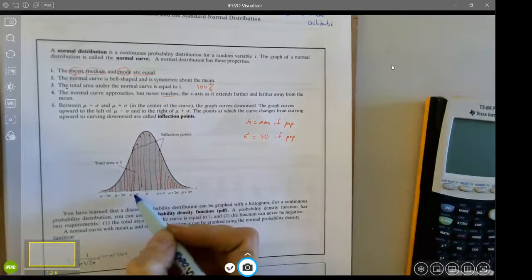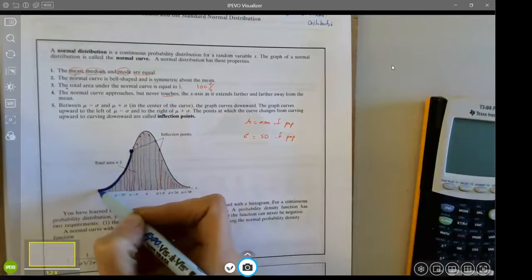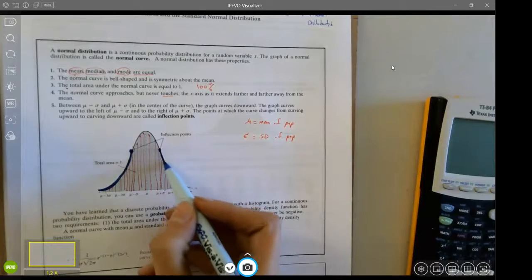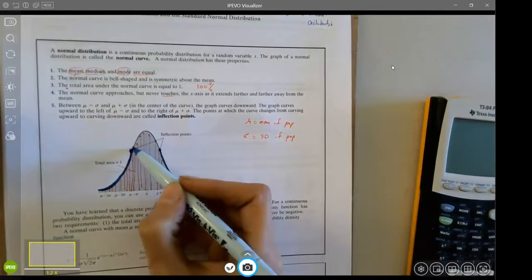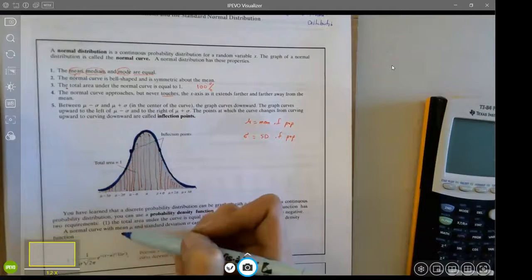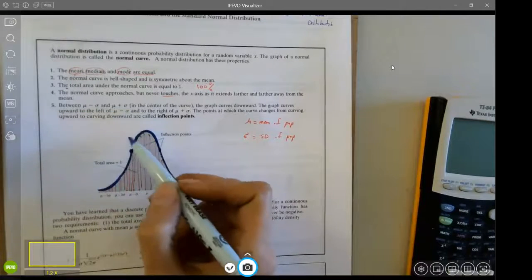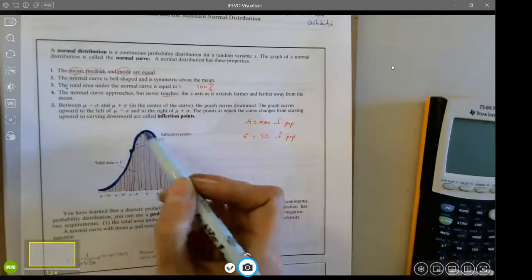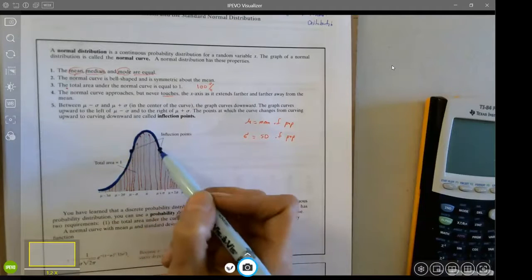Mu minus sigma, mu plus sigma, and here we have in between mu minus sigma and mu plus sigma. So between them, the curve has downward behavior.